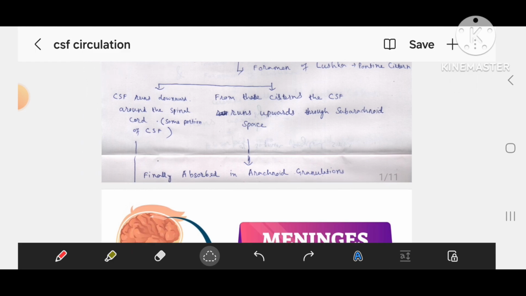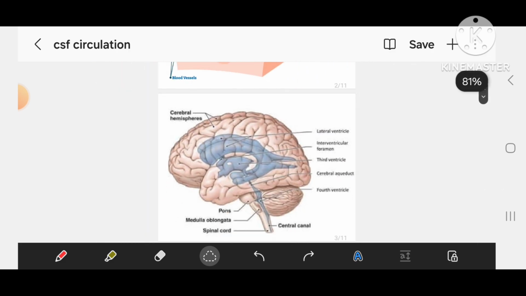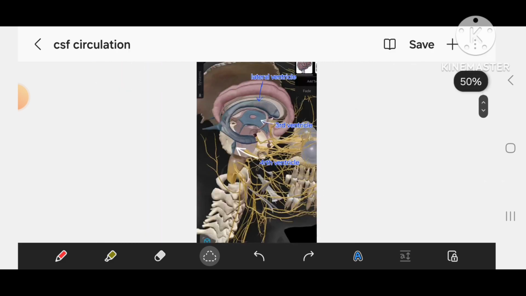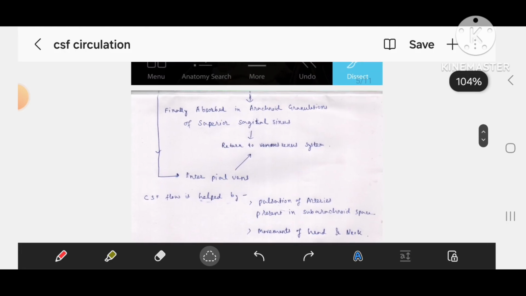From the subarachnoid space around the brain, the CSF will run upwards, and blood pulsations will help in this movement. And finally, the CSF is absorbed in the arachnoid granulations of the superior sagittal sinus.